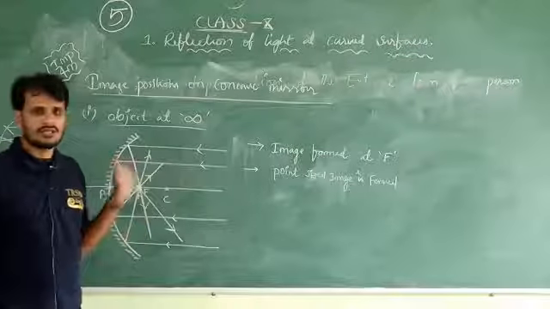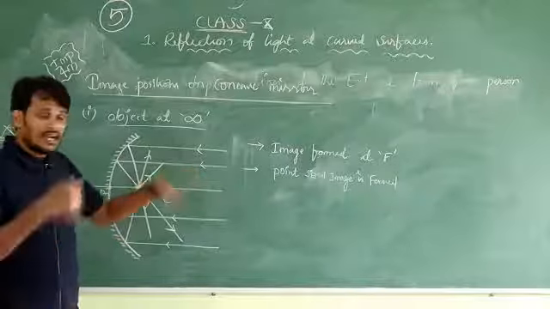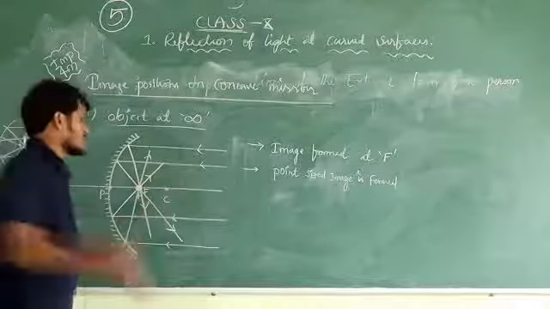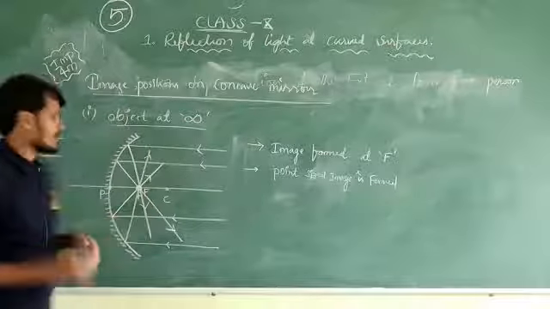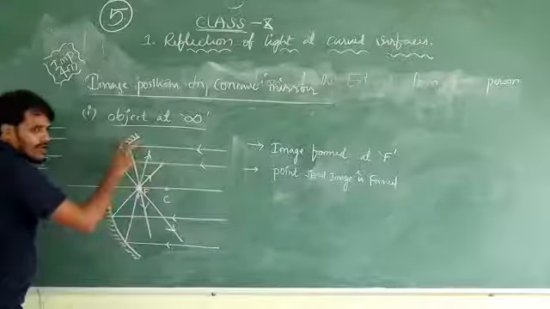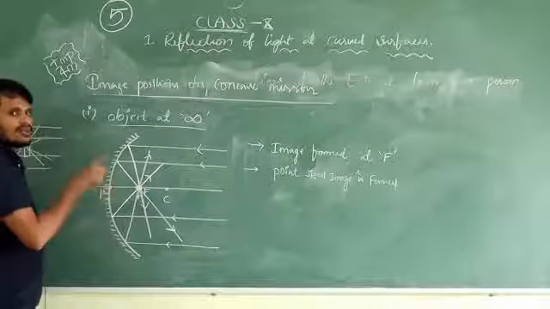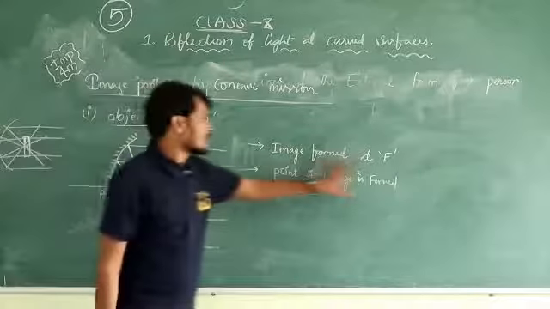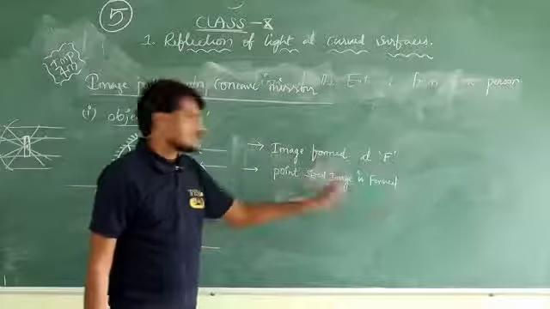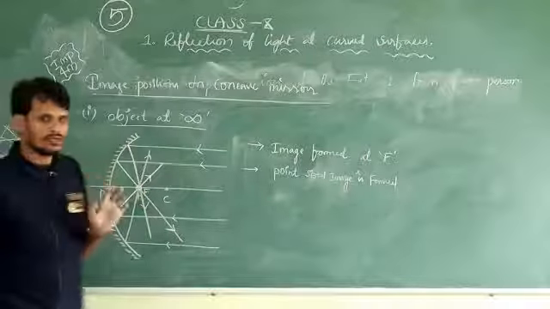There is no alternate chance here, no additional rays coming from the center or from the focus. All rays are parallel. They strike the mirror and are reflected back through the focus, where all these rays converge or intersect. The intersecting point is the image. So the image is formed at F, a point size image. What is the characteristic of the image? Point size image. Got it?